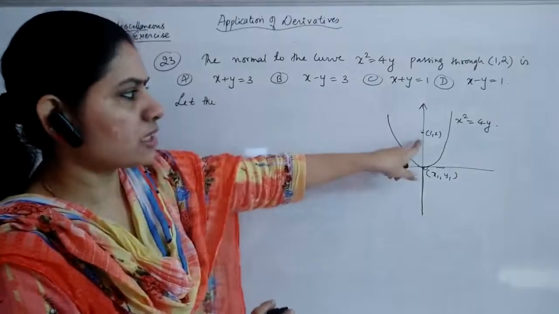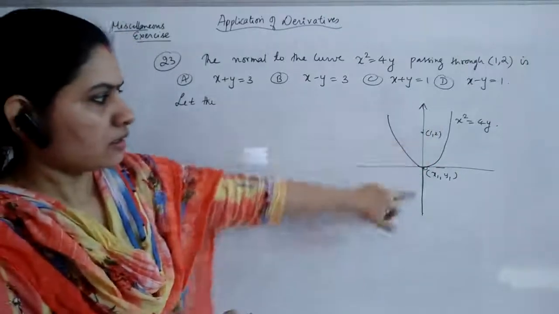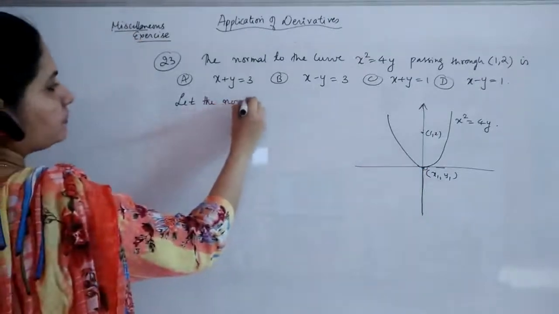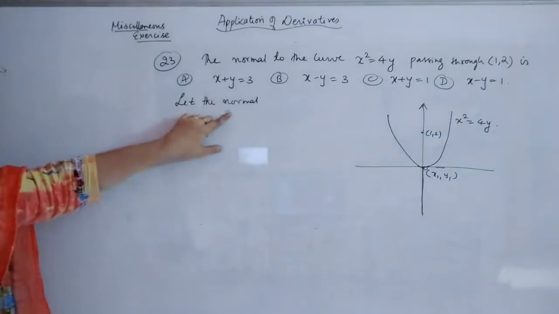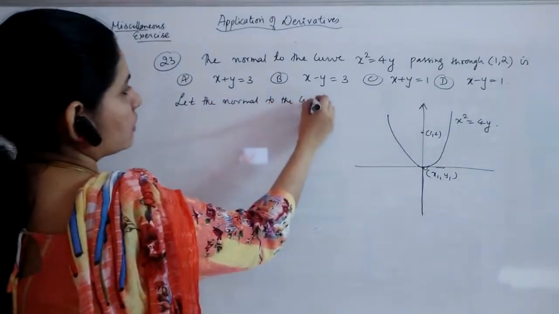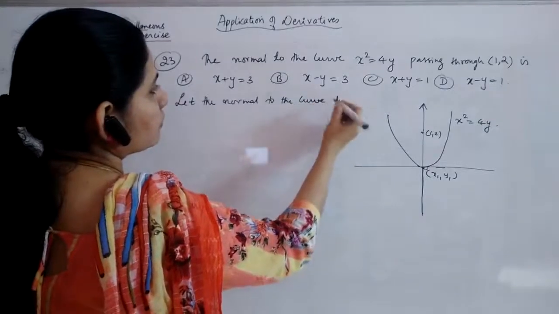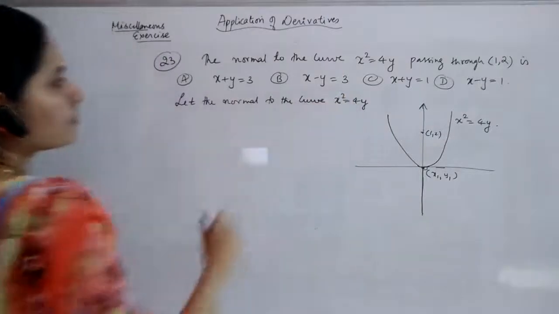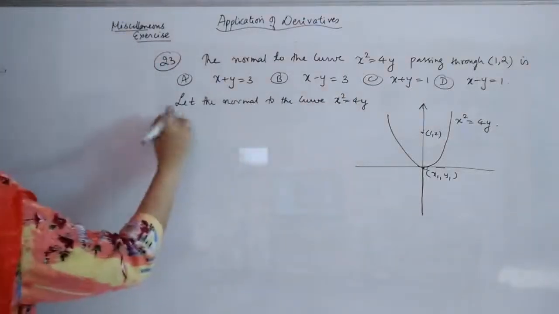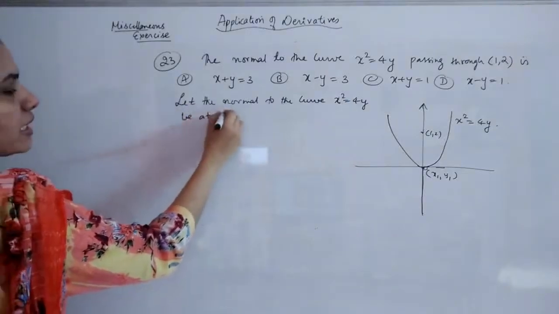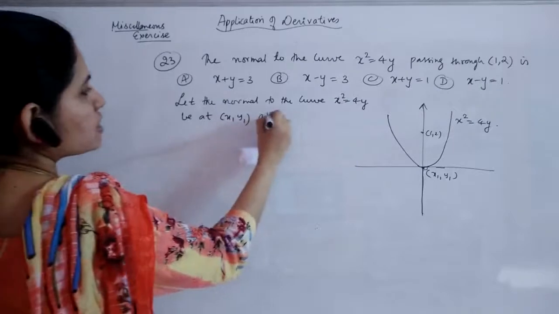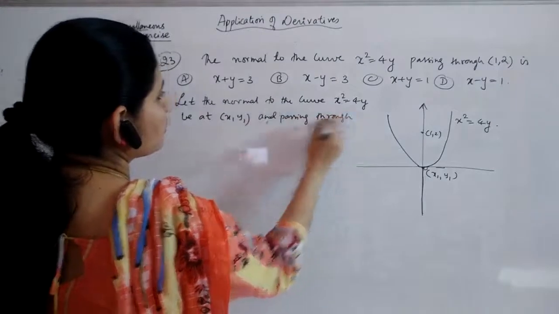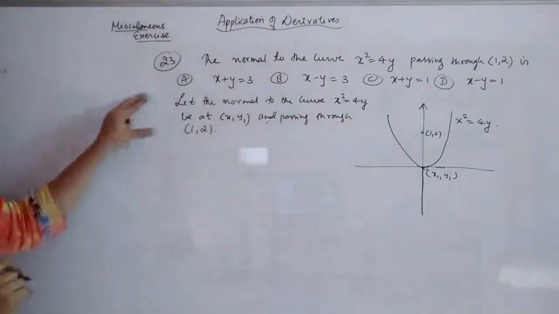So that normal is passing through the point (1, 2), and it is normal at the point (x1, y1). Okay, let the normal to the curve x square equal to 4y be at (x1, y1) and it is passing through (1, 2). Okay, this much we are taking.